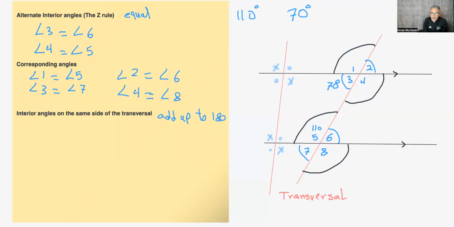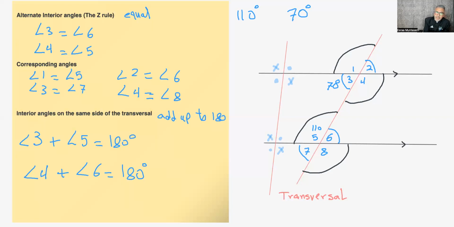So that means angle 3 plus angle 5 equals 180 degrees, and angle 4 plus angle 6 also adds up to 180. That's important to know when you're dealing with parallel lines.